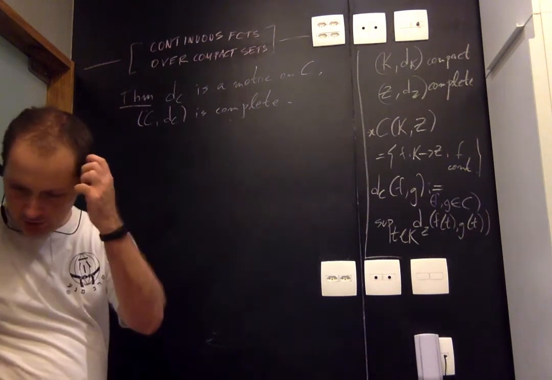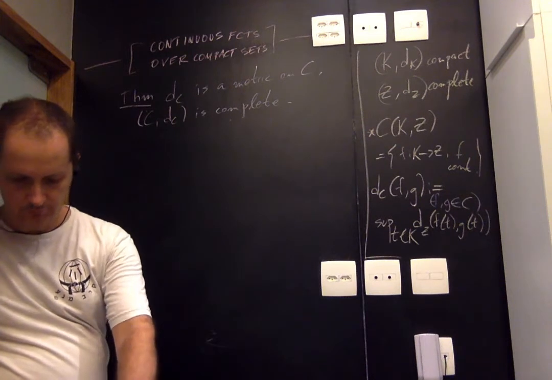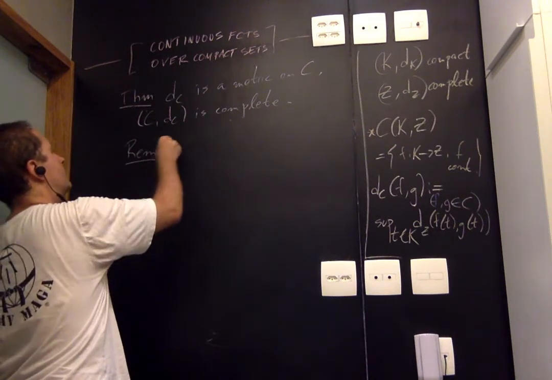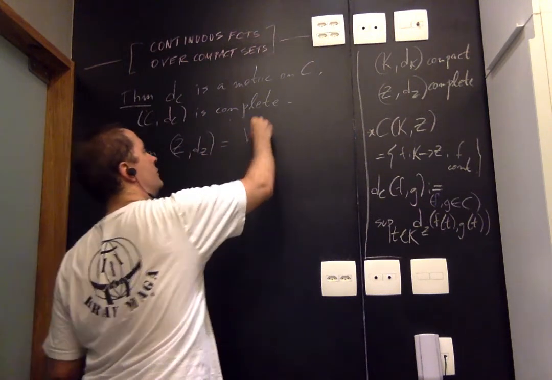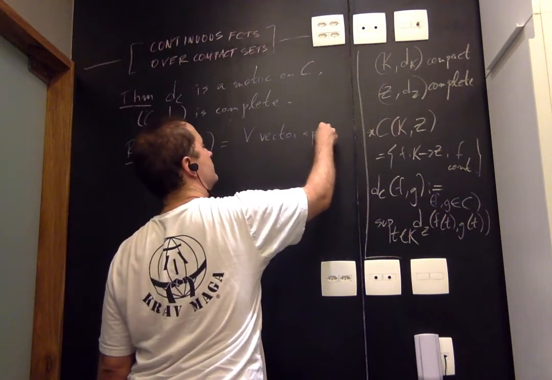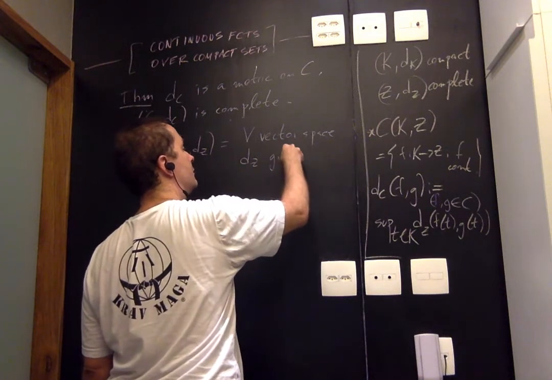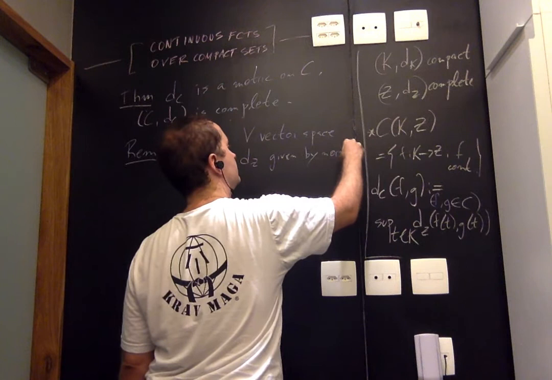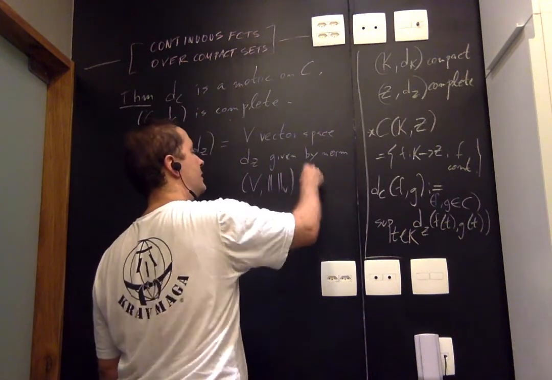So I'm going to switch over to the case where Z, d_Z is equal to a vector space V and d_Z is given by a norm, such that this is Banach.